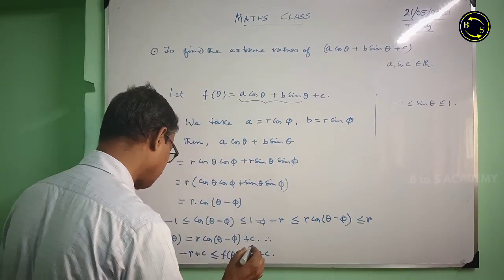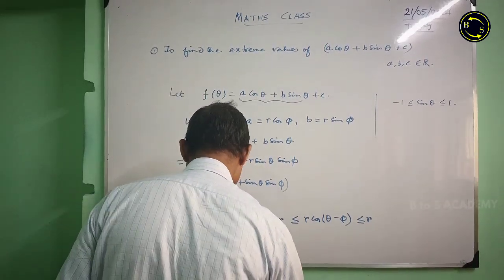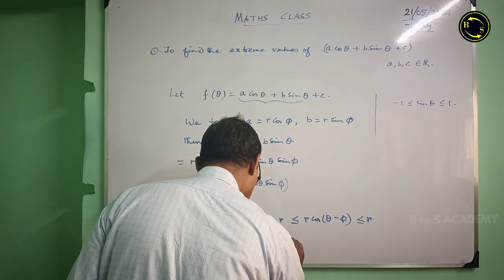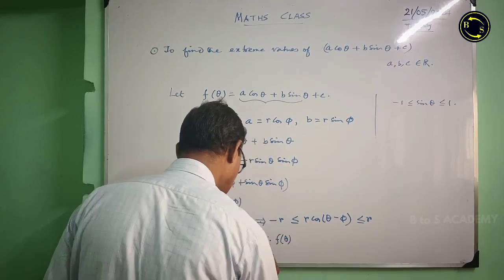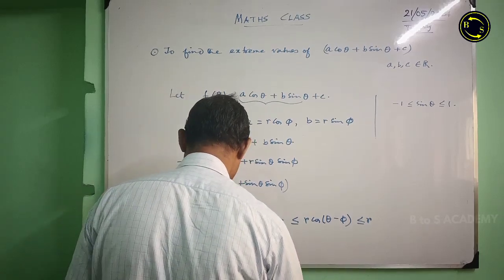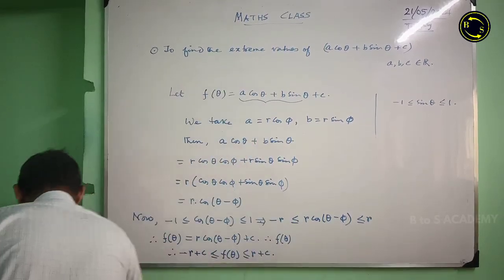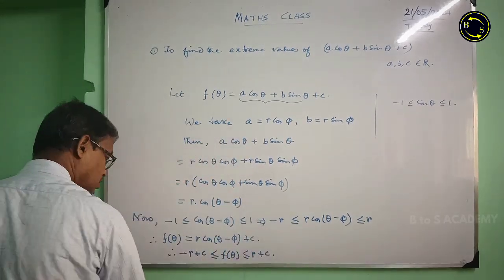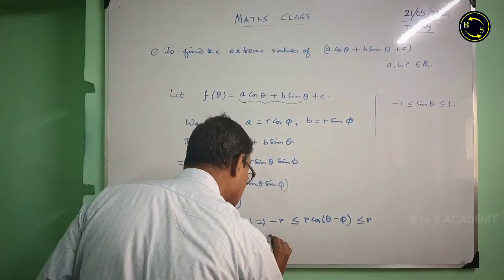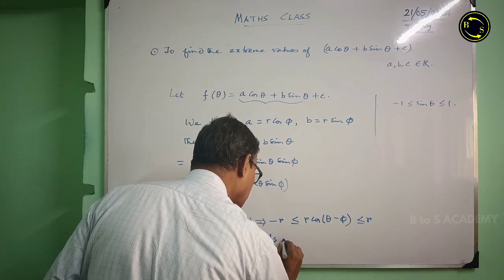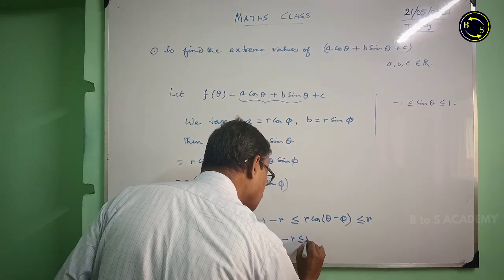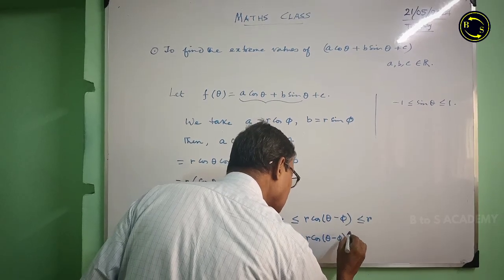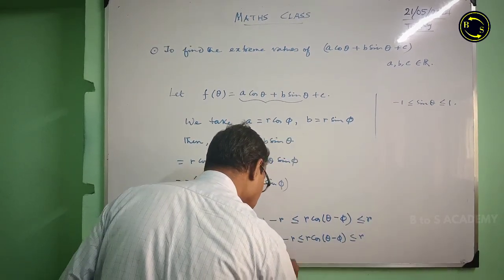Now, if we add c, actually we can write it also as minus r less than or equal to r cos of theta minus phi less than or equal to r.